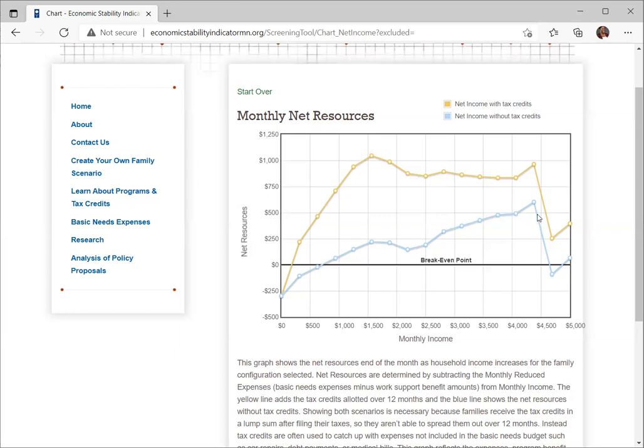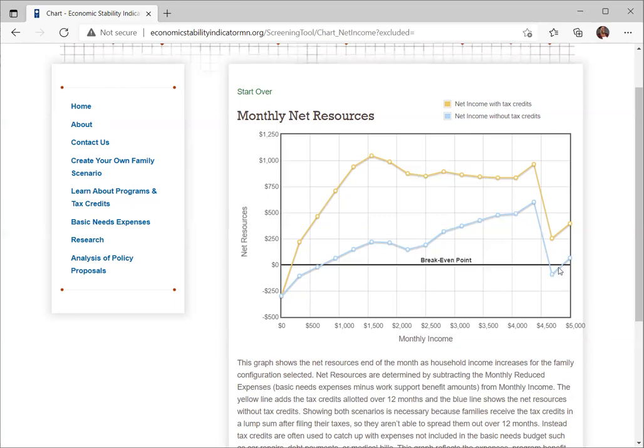The family experienced their steepest cliff when they lose the child care assistance program, as well as medical assistance for children, as well as WIC, at about $4,700 a month. So this is where the family experienced the biggest cliff.